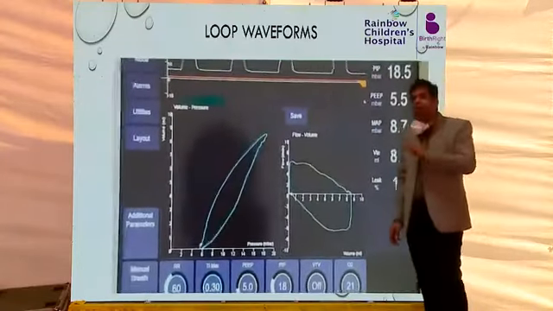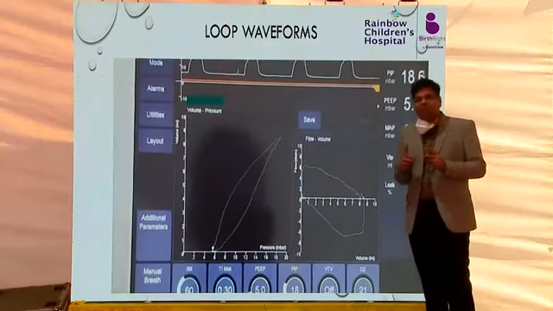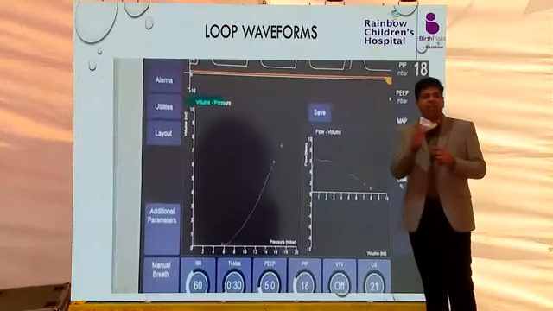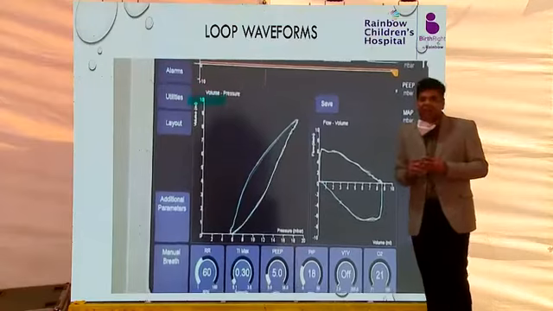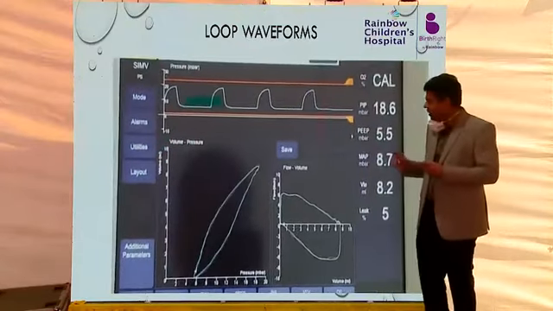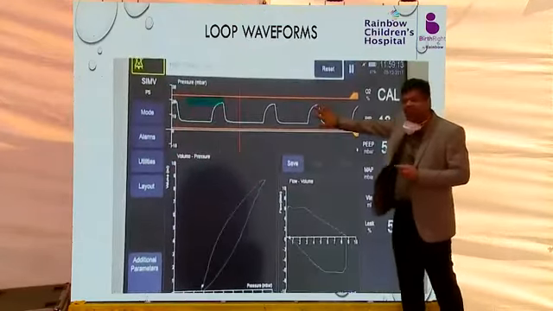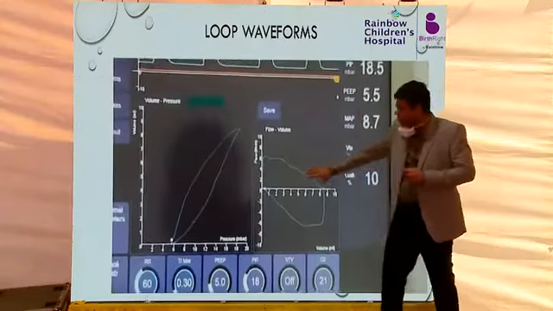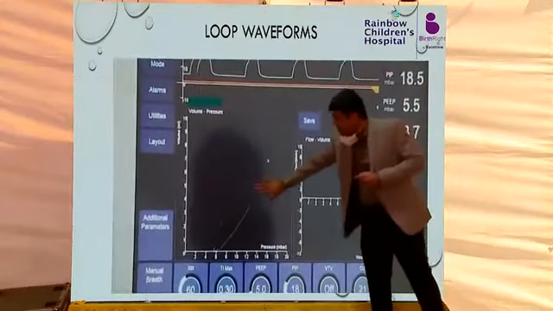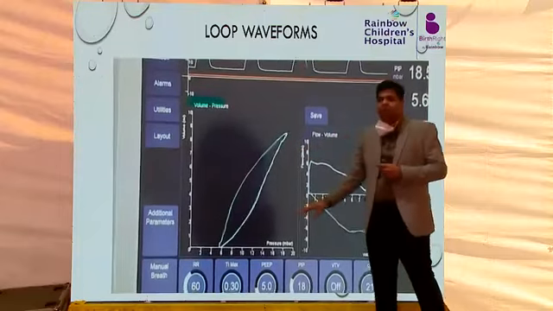Okay. Now coming to the loop waveform. In loop, in the starting we told you that loop is when one variable is plotted against the other variable, right? This is a scalar waveform of pressure. So these are the loop waveforms. In this one, the pressure is plotted against the volume.